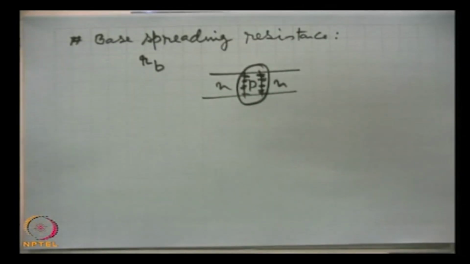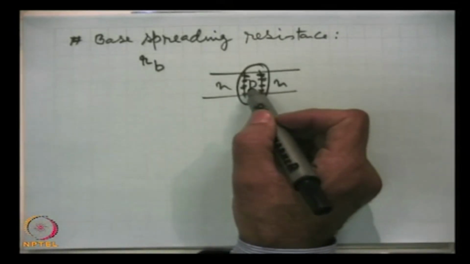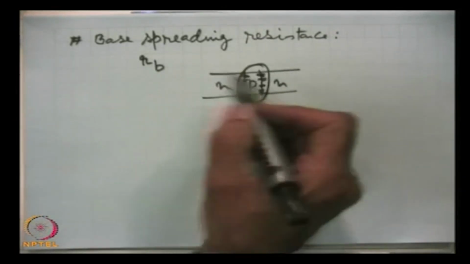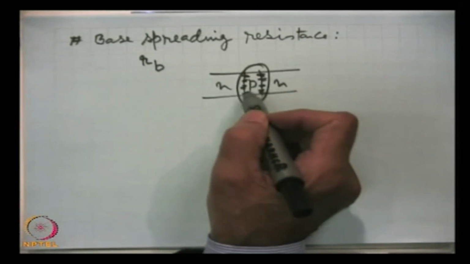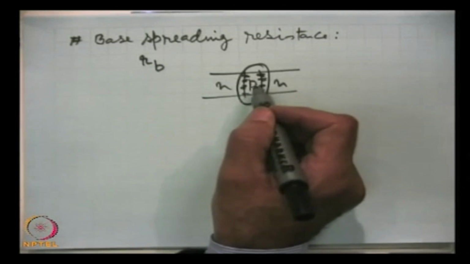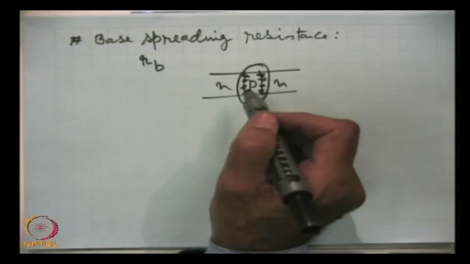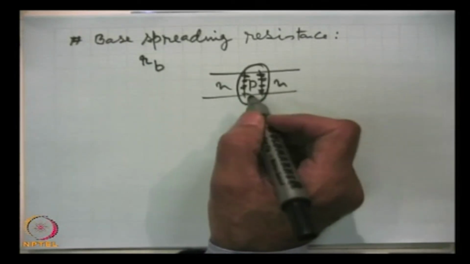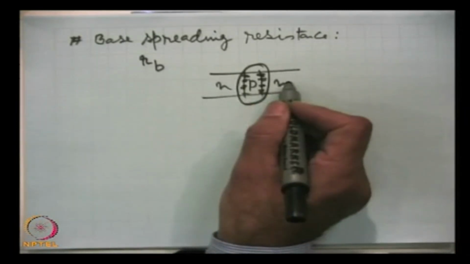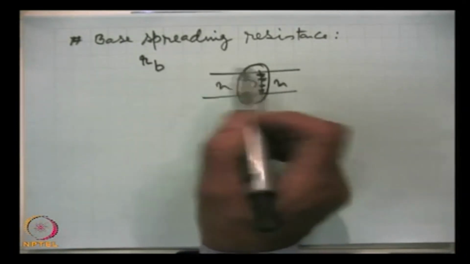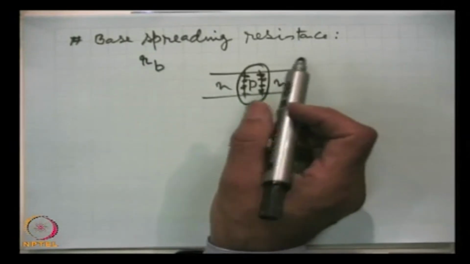The doping level is also very light, and hence it offers a resistance to the passing currents, and that is known as base spreading resistance.